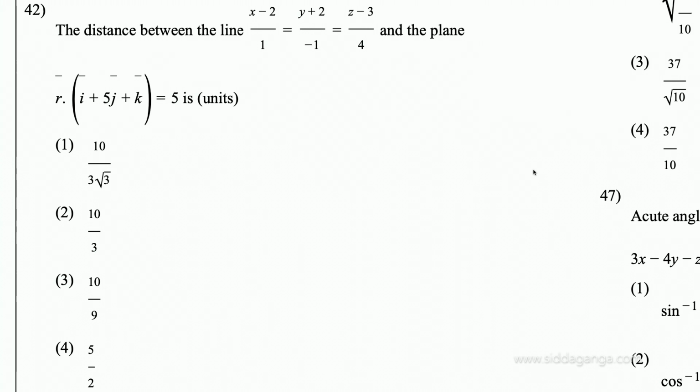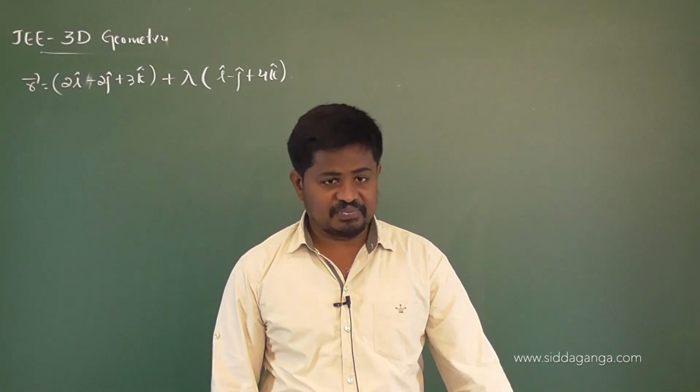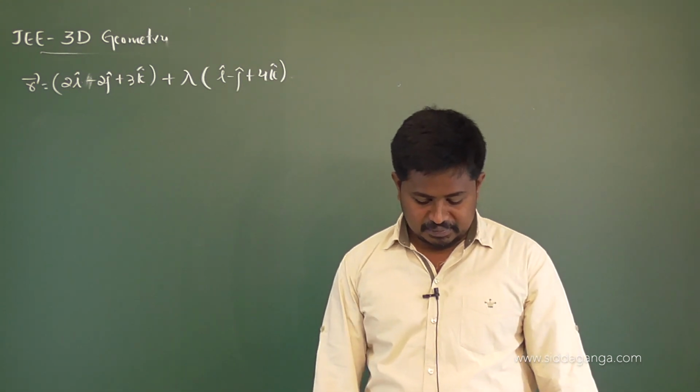This is given, and the plane is the same as that given in the 42nd question. 38 is the same as 42. So, please solve this, you get the answer as option first, that is 10 by 3 root 3.